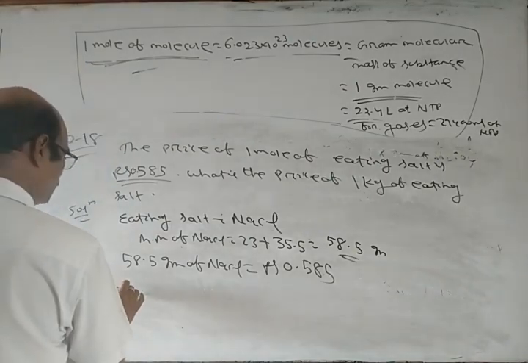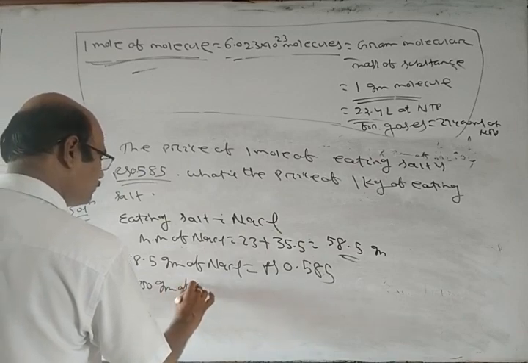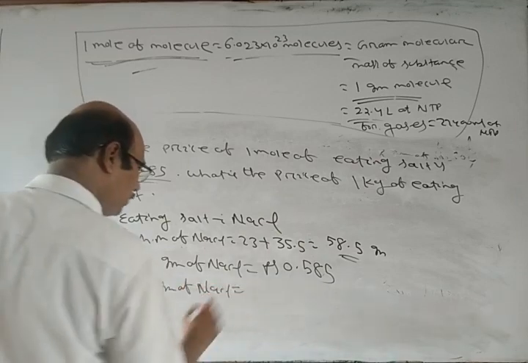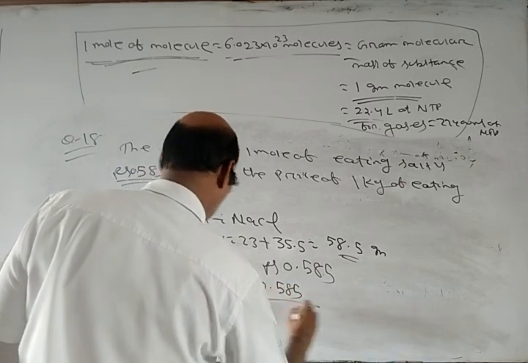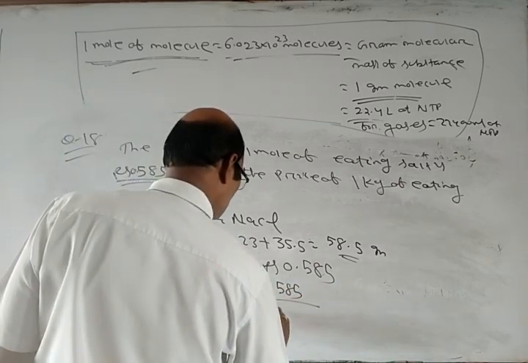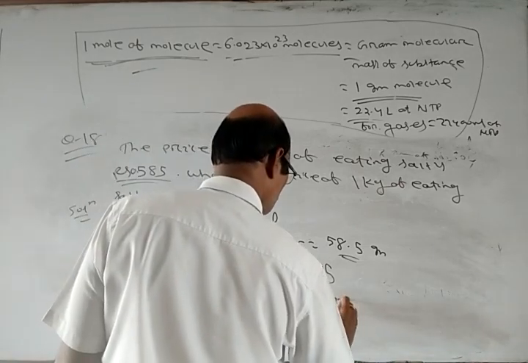So 1000 gram of NaCl is equal to what? 0.585 divided by 58.5 into 1000.